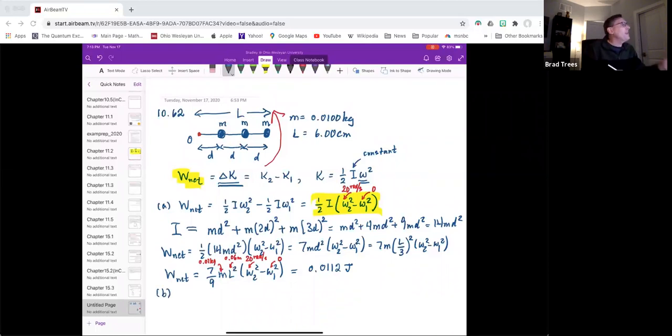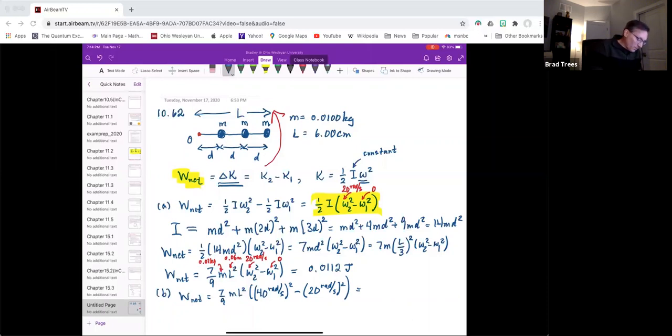Now part B says, how much work do I have to do to change the rotational rate from 20 to 40? So I just use the same formula I just did, except I change the omega 2 and the omega 1. The omega 2 is now 40 radians per second, and the omega 1 is 20, because now we're changing from 20 to 40.